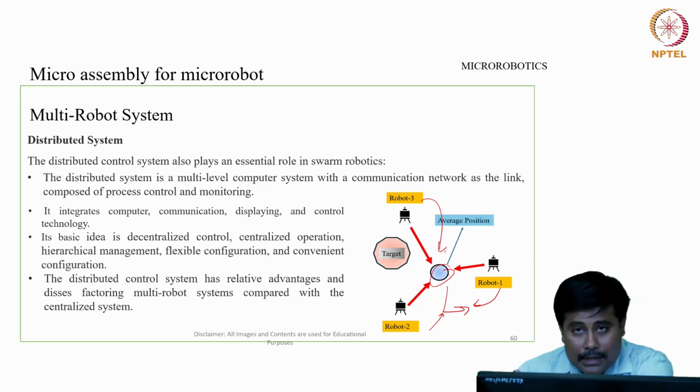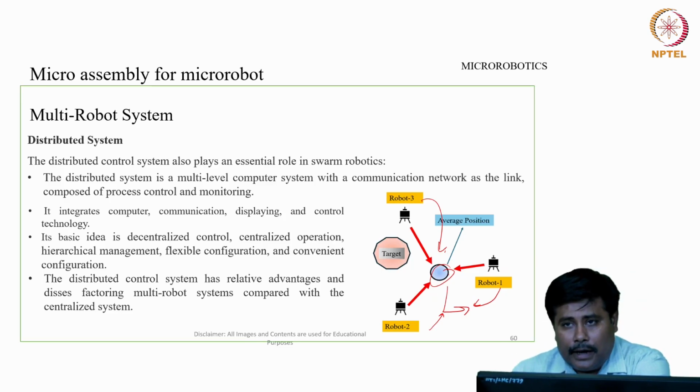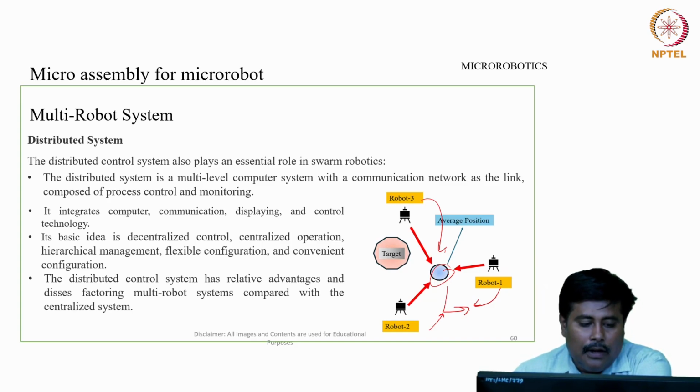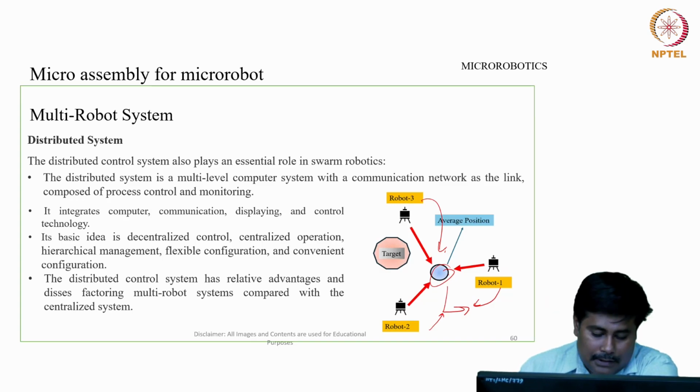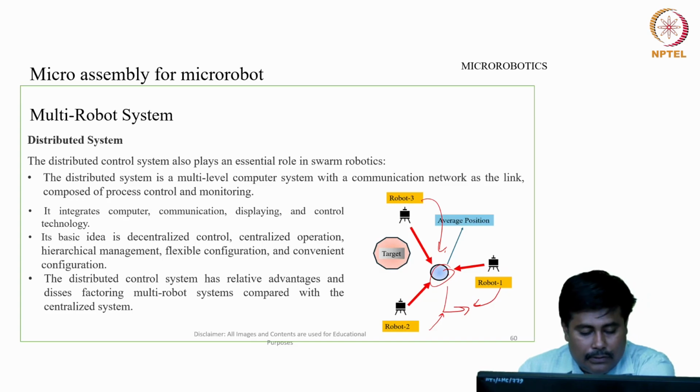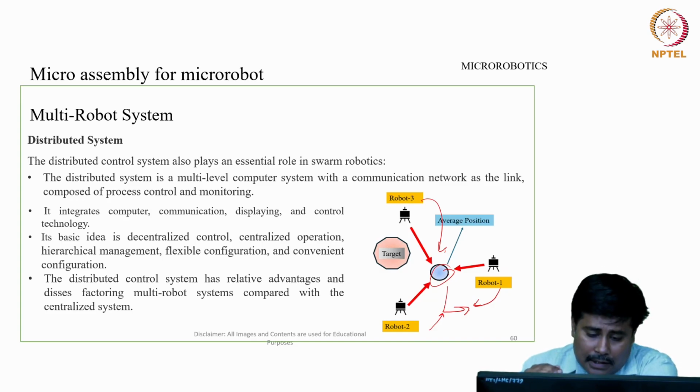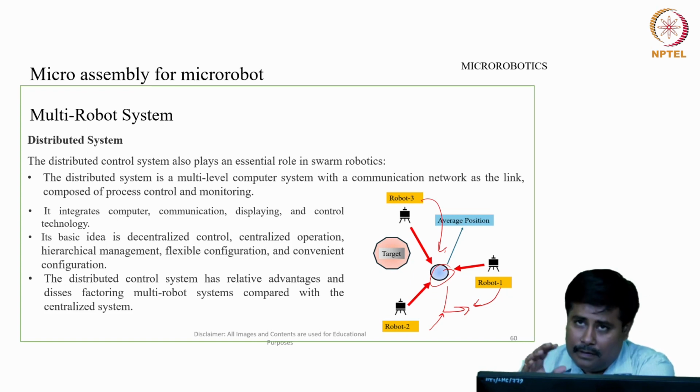This system has the capability for flexible interaction, flexible transformation or flexible configuration based on the convenient configuration. The distributed control system has a relative advantage with reference to the multi-robot system compared to the centralized system.